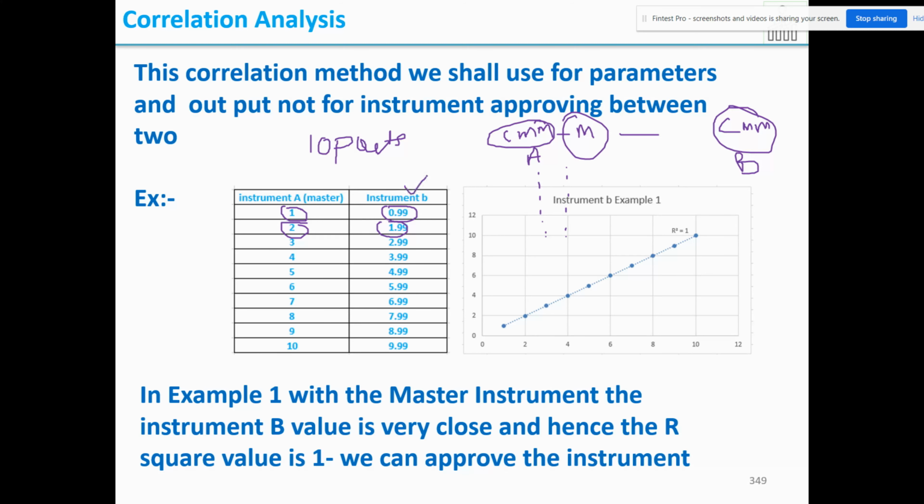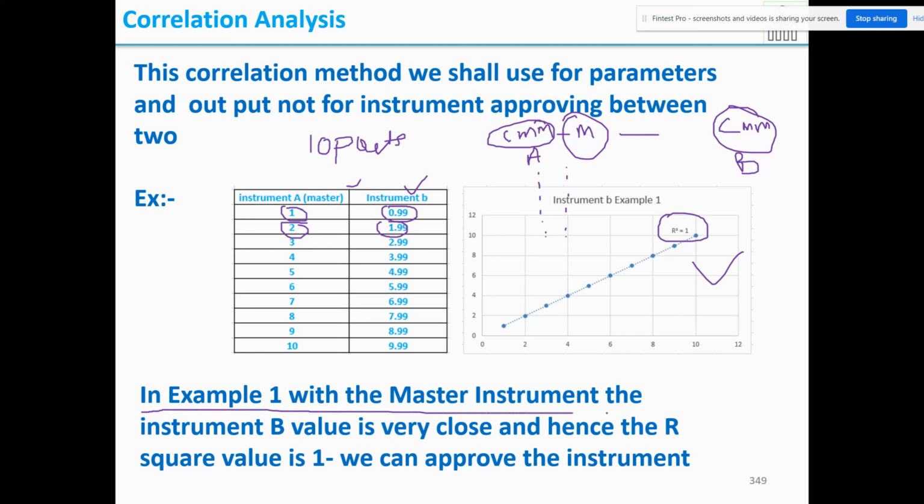There is a major difference in CMM B, but that difference will show equal graduation for each measurement. If A is 1 mm and B is 0.9 mm, it will still show an R square value of 1 or more than 0.75. This is a disadvantage of using correlation for approving an instrument with respect to the mother instrument or previous instrument.